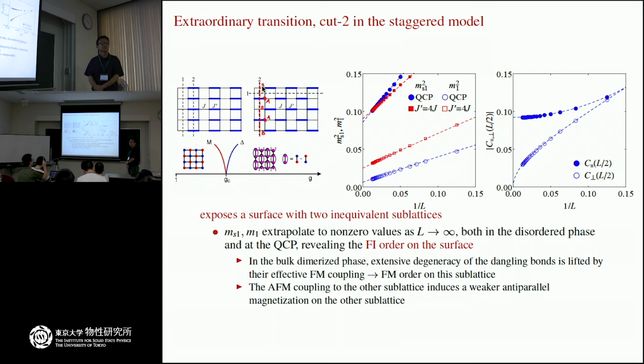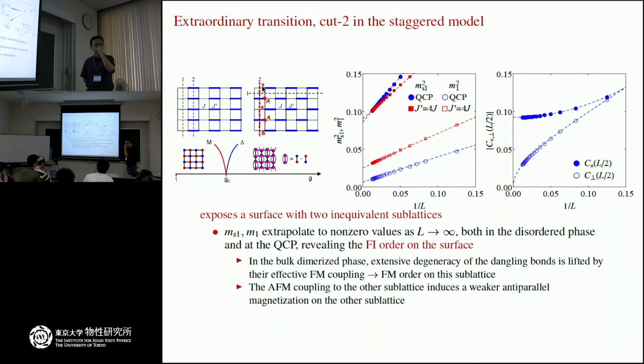I have a question. If we go to the Néel order state, the Néel ordered phase, does this surface ferromagnetic order disappear? I think so. Then there's bulk behavior, right? Then is it like a first-order transition for the surface order?